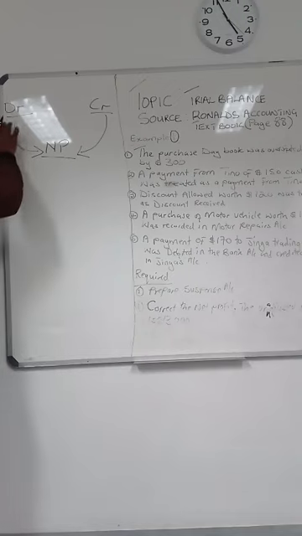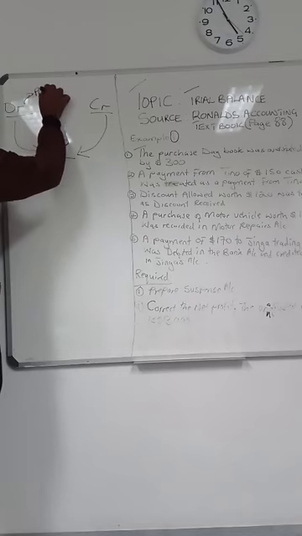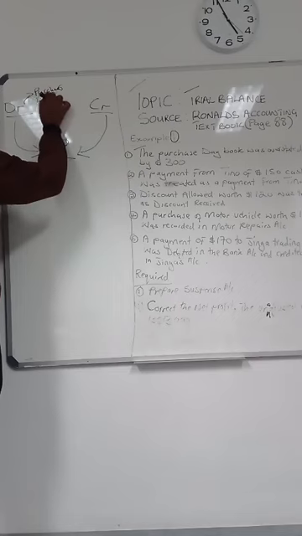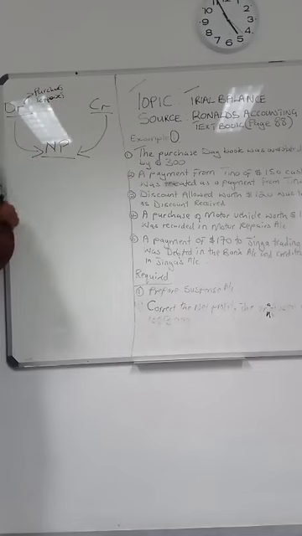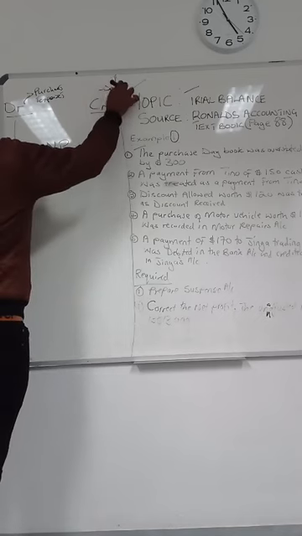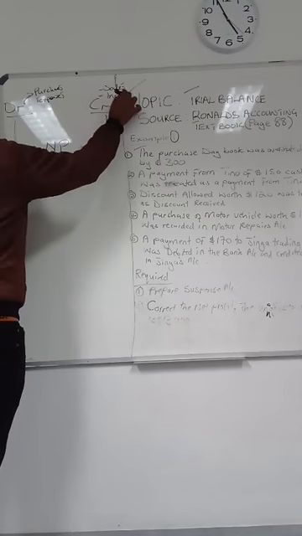When I say debit items, I'm referring to those accounts that we post on the debit side in the trial balance, like purchases and all expenses. Then credit items such as sales and income.